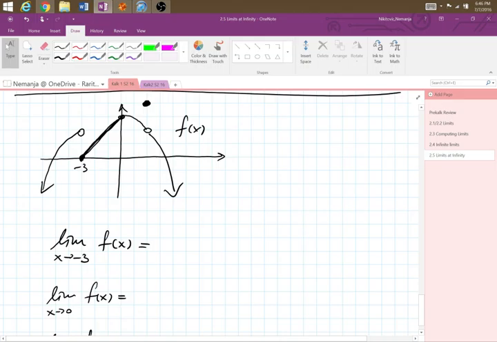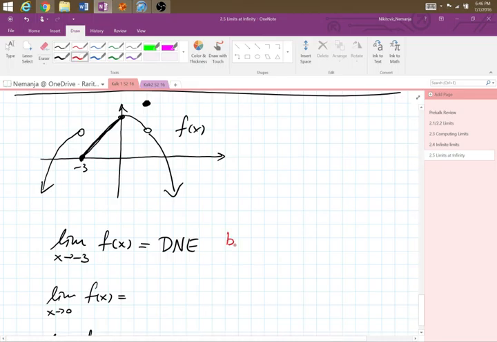So what would you say the limit is as x approaches -3? Doesn't exist. Why would you claim that? Because we're approaching from the left and it approaches 2, and from the right it approaches 0. Very good.